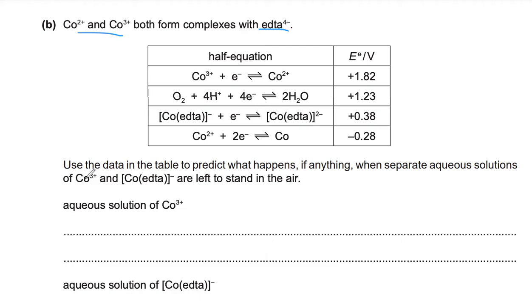Let's see. Use the data in the table to predict what happens, if anything, when separate aqueous solutions of Co+3 and CoEDTA are left to stand in the air. So what happens to Co+3? Let's see.